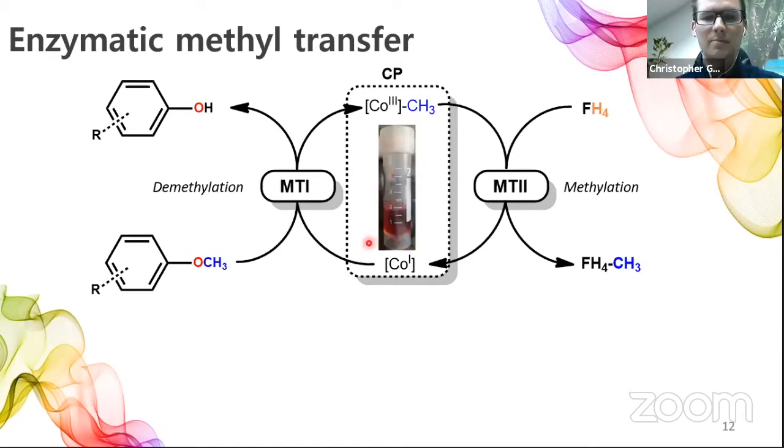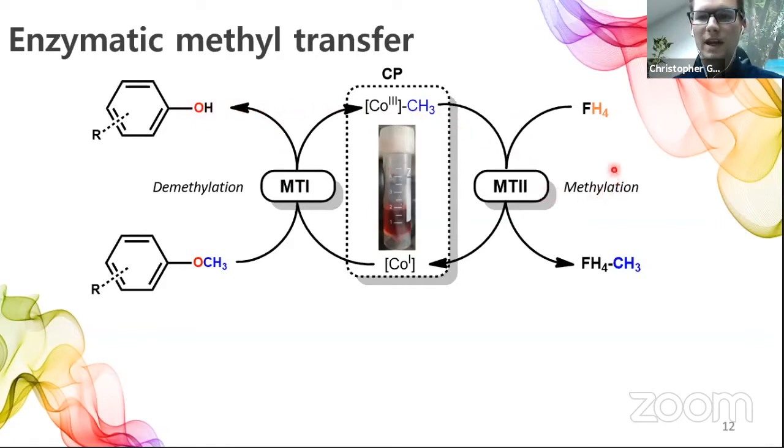The carrier protein acts as a methyl shuttle. In the first part, the substrate can be accepted by the methyltransferase with the help of the carrier protein to produce the hydroxylated products.